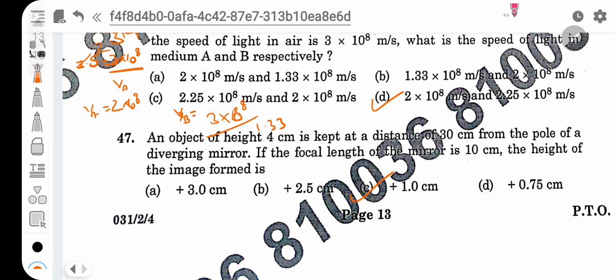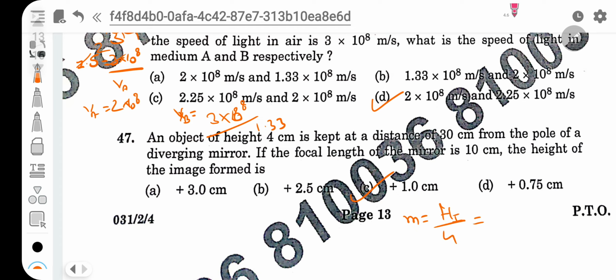Question number 47. An object of height 4 cm is kept at a distance of 30 cm from the pole of the diverging mirror. If the focal length of the mirror is 10 cm, what is the height of the image formed? So we have to find the height of the image. M is equal to HI upon HO. The height of the image we don't know yet, the height of the object is 4 cm.